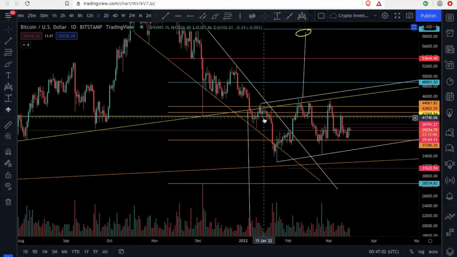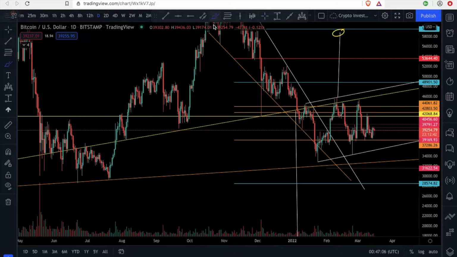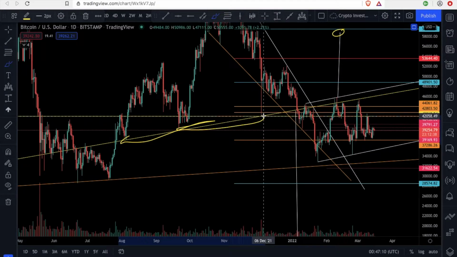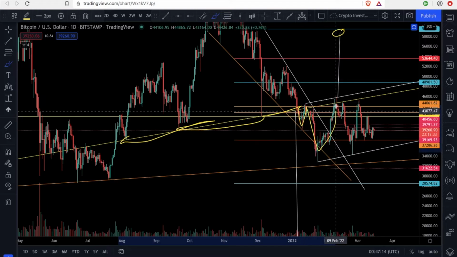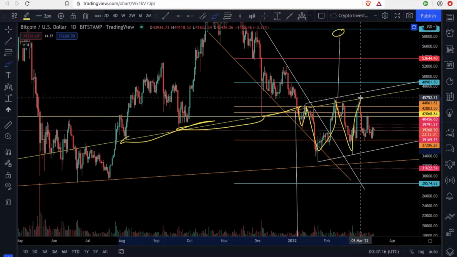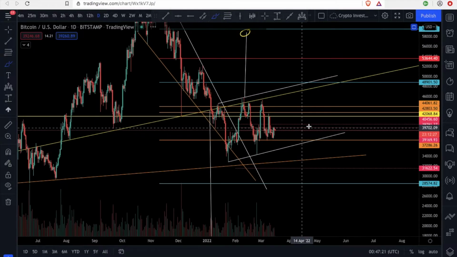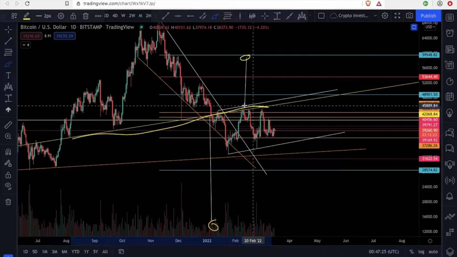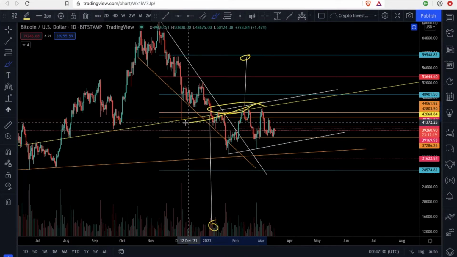So you can see that head and shoulders, the neckline is around here, the support here, kind of support there, broke support, confirmed resistance there, and resistance there, and boom. Oh my gosh, look at that. That's why this neckline is still valid, because the Bitcoin price got rejected 3 times on that neckline around here.